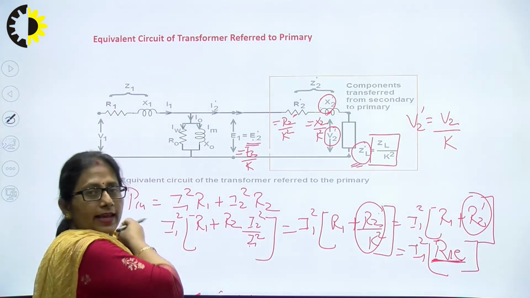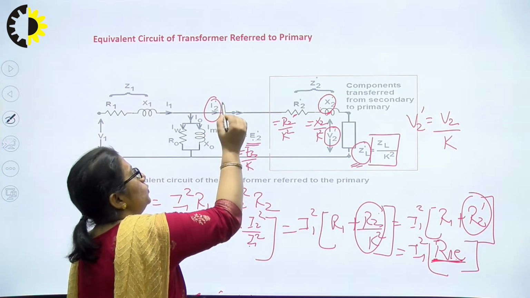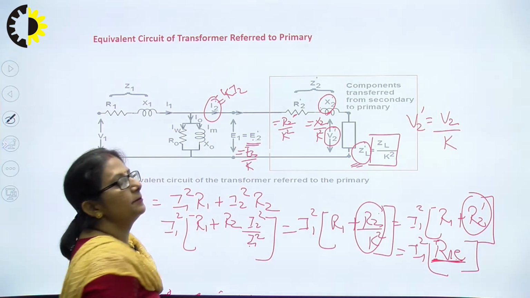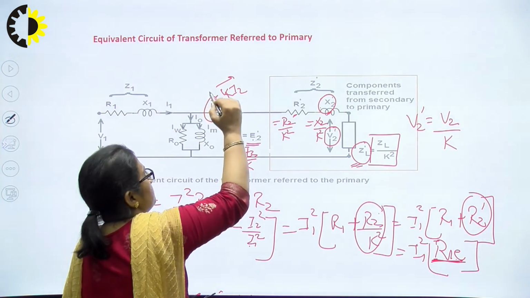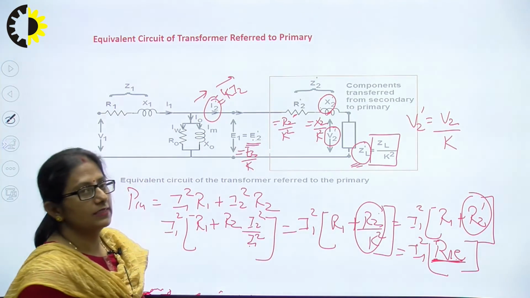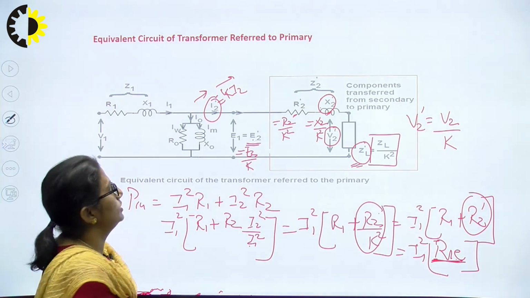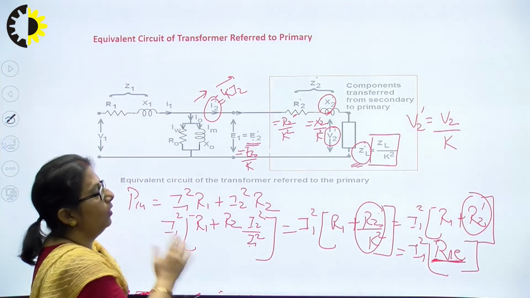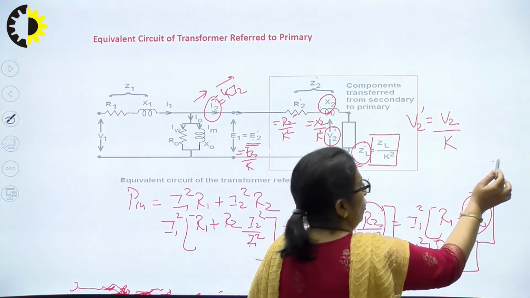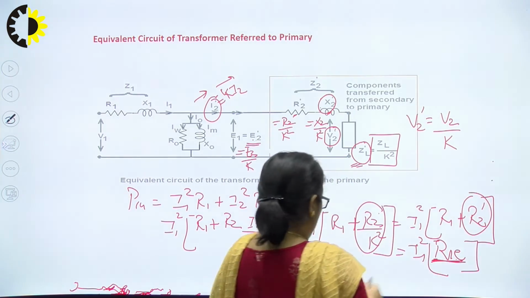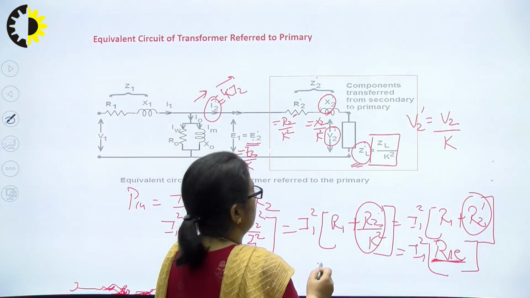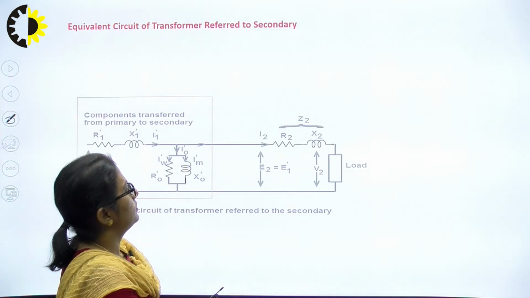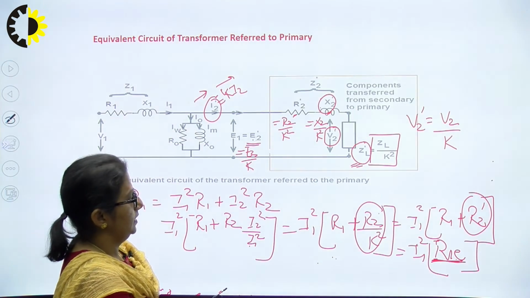For I2 we already have I2 dash, whose value is K times I2, with a minus sign in phasor. So I2 dash is equal to minus K times I2. We now have the complete referring of the secondary parameters of the transformer towards the primary side.